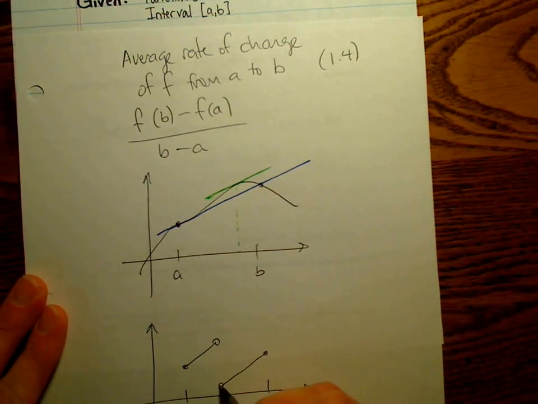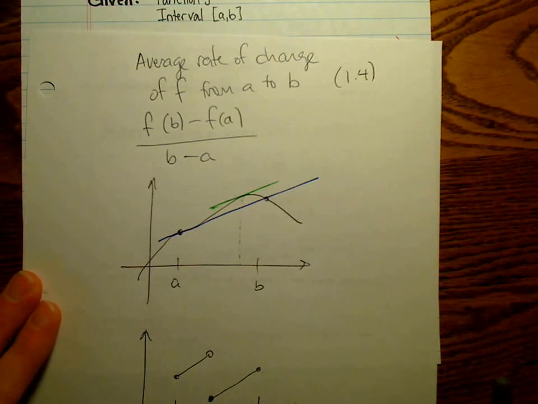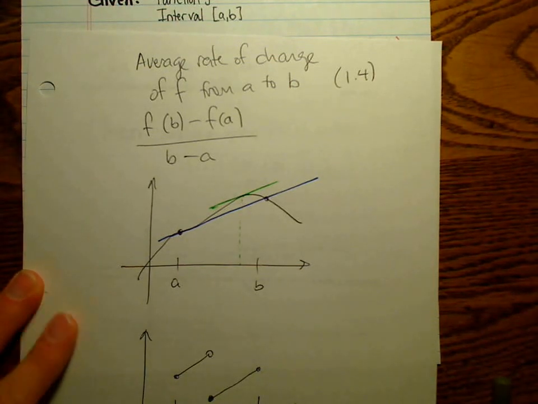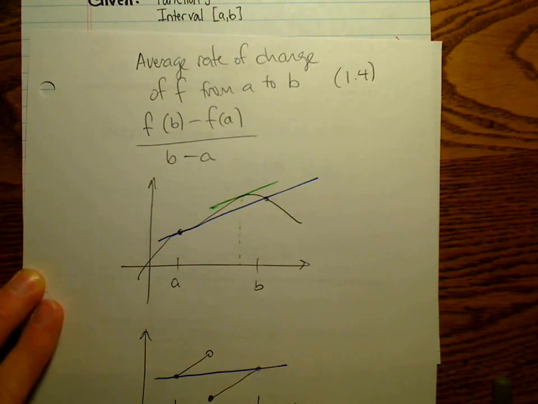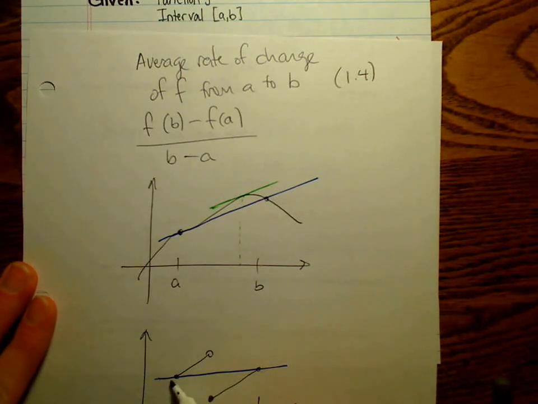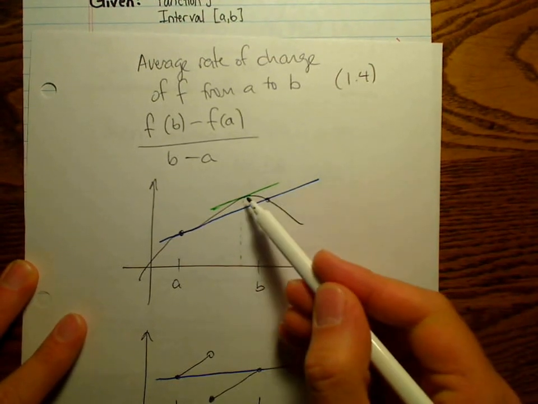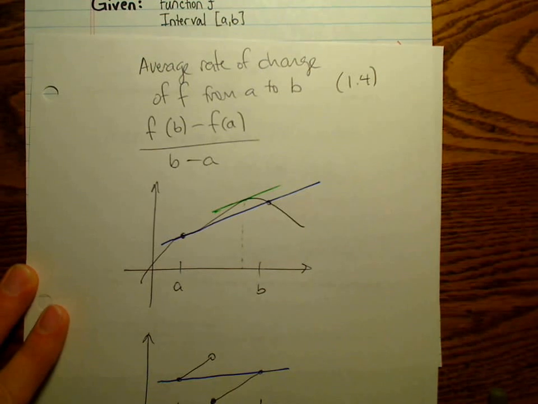If this is just a linear function, even if it's filled in there, our average rate of change is going to be a slope something like that. And that slope never actually happens, because all these slopes are like slope 1/2 or something like that, and that's slope 1/8, let's say. And so this never actually happens. So we actually don't have a slope the way we'd like it for this.